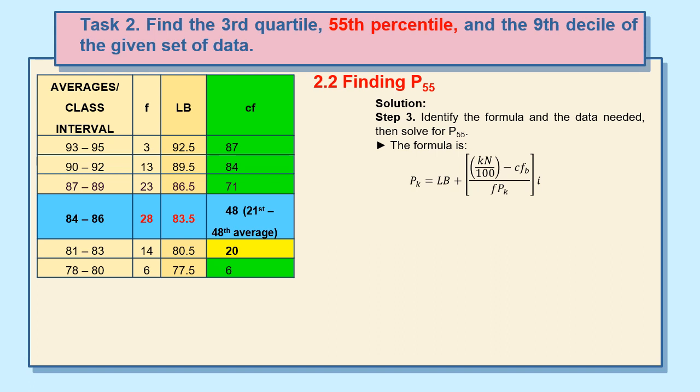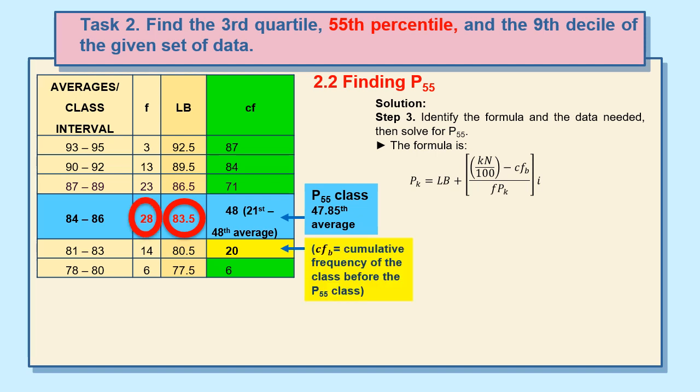So we will use the final table of values wherein the 55th percentile class belongs to the 84 to 86 class interval, having a lower boundary of 83.5 and a frequency of 28. Then our Cf sub b, or the cumulative frequency of the class before the 55th percentile class, is 20, and our I, or the interval, is 3.